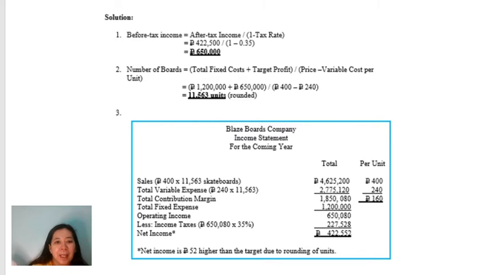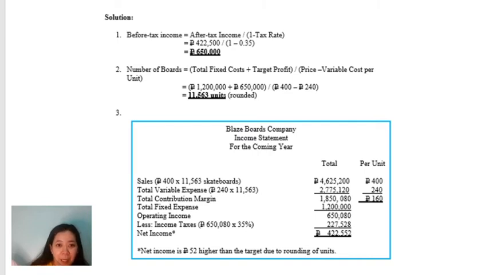Okay, and number 3 is you're going to prepare an income statement using the contribution margin approach. I hope that you're already familiar with the format. All you have to do is use the data given plus those which we have determined in requirement number 1 and number 2.